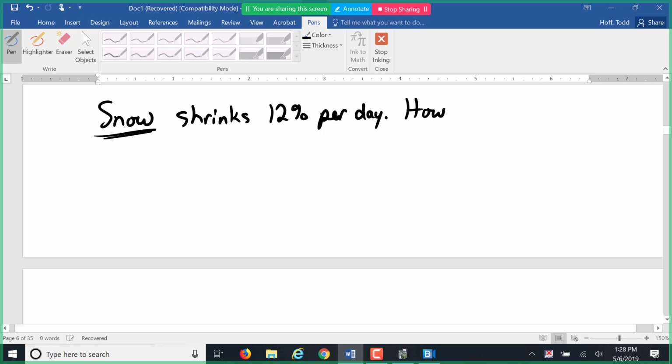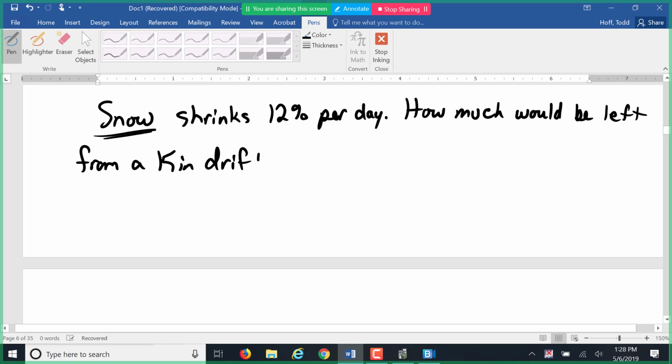How much would be left from a 15-inch drift after 1 week? Again, we need to define two things. Our time here, or X, T, however, 1 week is 7 days.